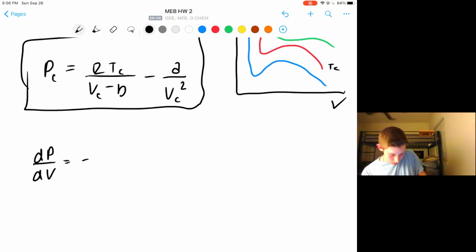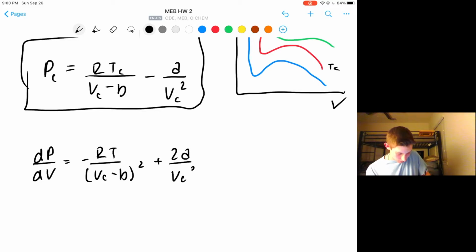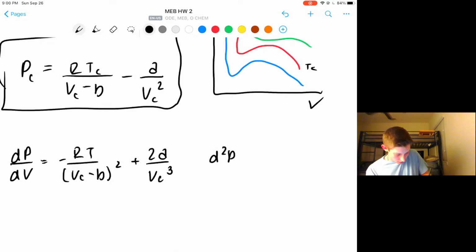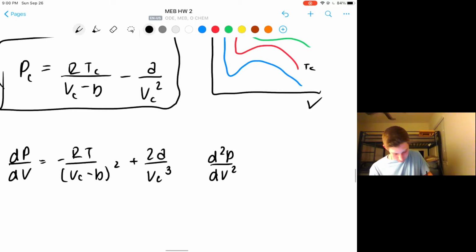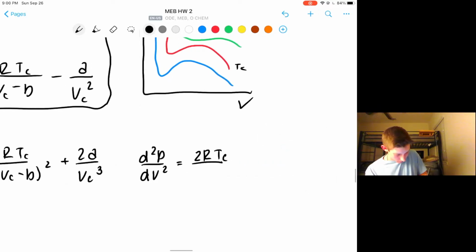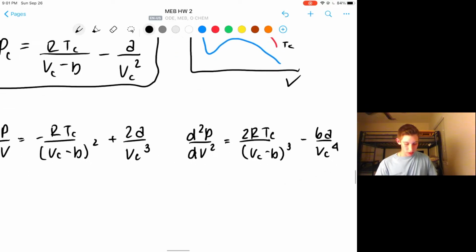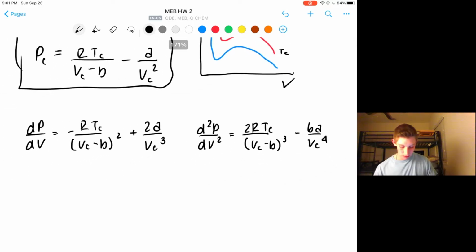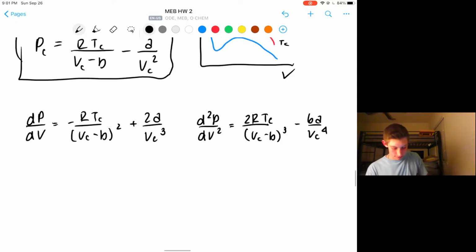So the derivative here goes like this, and then the second derivative will be this. So with this, like I was saying about the inflection point, we can set these equal to 0 to help us further isolate the A and B.